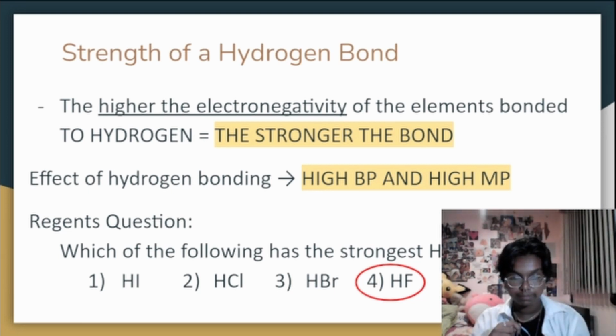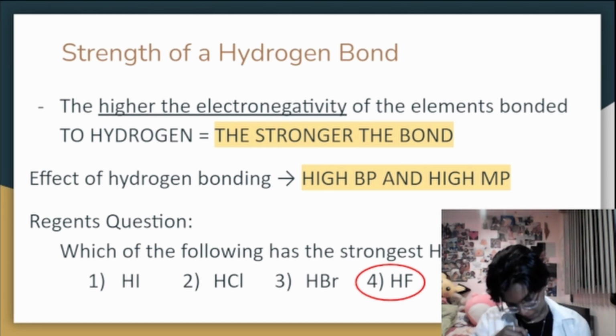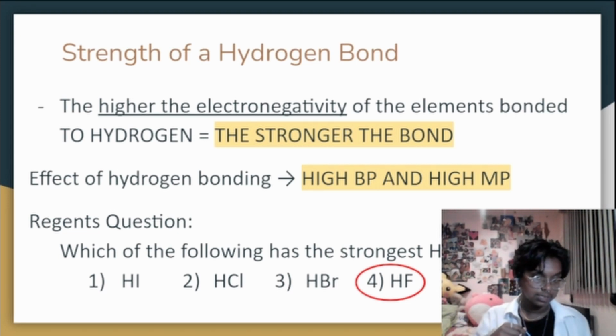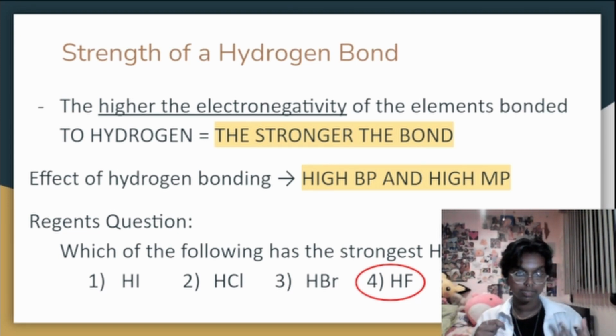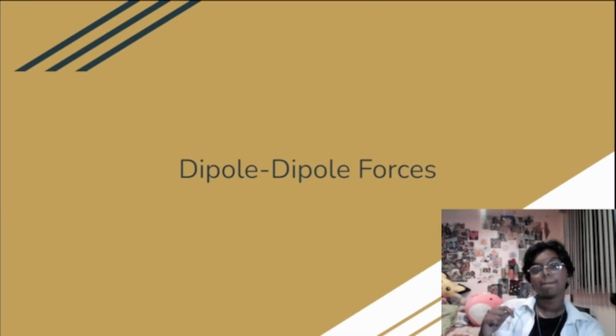Iodine has 2.7, Cl is 3.2, Br is 3.0, and fluorine has 4.0, which is the highest. But I would have just gone with HF, hydrogen bonding, bada bing, bada boom.